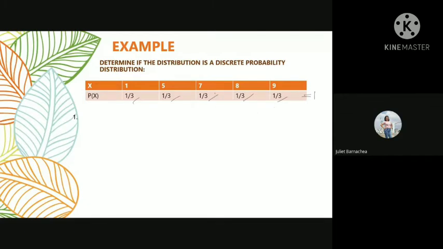Kasi if I add this, since similar denominator sila, similar fractions, just copy the denominator, add the numerator, 1, 2, 3, 4, 5. 5/3. 5/3 is not equal to 1. So therefore, this is not a probability distribution.